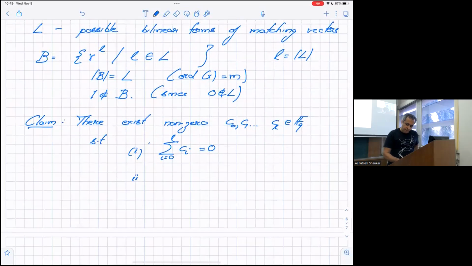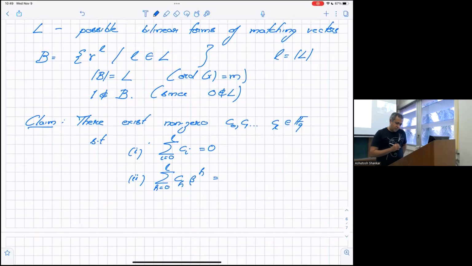Two, the sum of C_i times beta to the power i, i going from 0 to L, is equal to 1 when beta is 1, and is equal to 0 for beta in B.